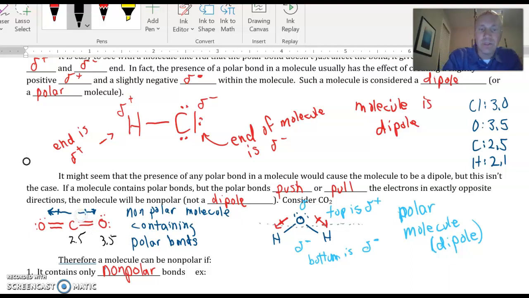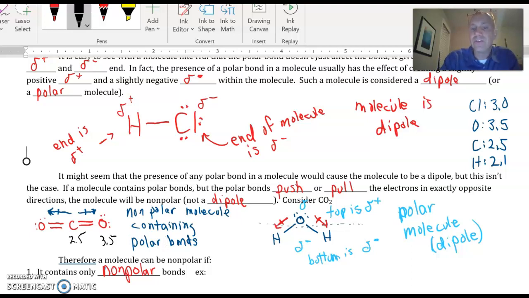So this bond gets pulled that way, and the electrons in this bond get pulled the exact opposite way. Since the pulling exactly cancels each other out, there isn't one positive end and negative end to this entire molecule. Therefore, this molecule is considered nonpolar, even though it contains polar bonds.